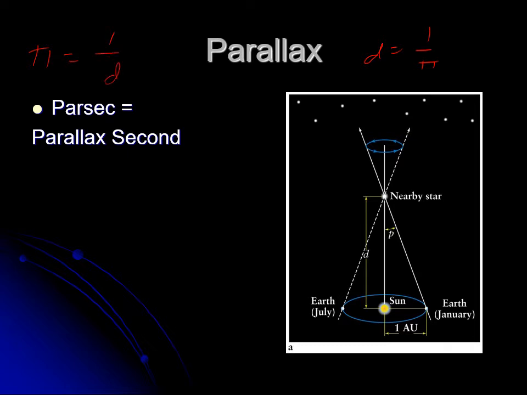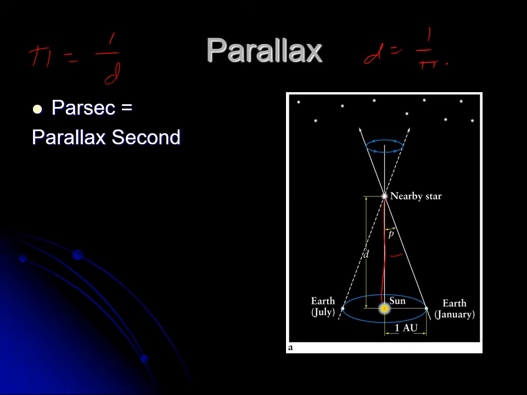So if you are at a distance where the parallax is 1 arcsecond, 1 divided by 1 is 1, so we call that a parallax second, or a parsec. So a parsec is the distance here, so that the angle is 1 arcsecond.